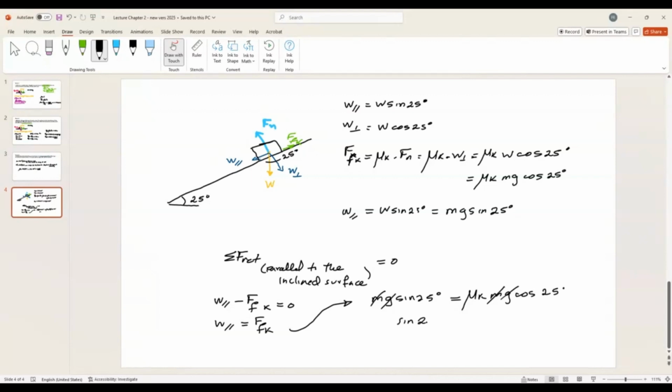Then we have sine of 25 degrees equals mu sub k cosine of 25 degrees. Solving for mu sub k, you get sine of 25 degrees over cosine of 25 degrees equal to mu sub k. And sine of 25 over cosine of 25 is the tangent of 25, so mu sub k is equal to the tangent of 25 degrees, which is, as we calculated before, approximately 0.47.